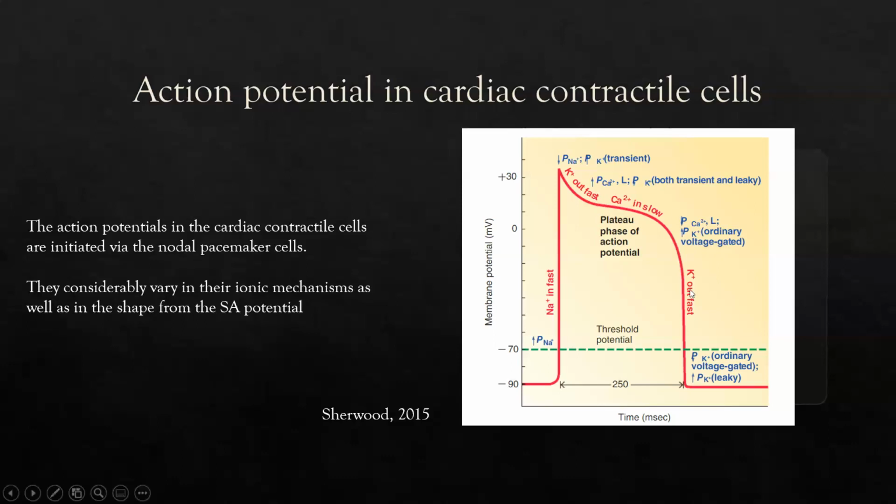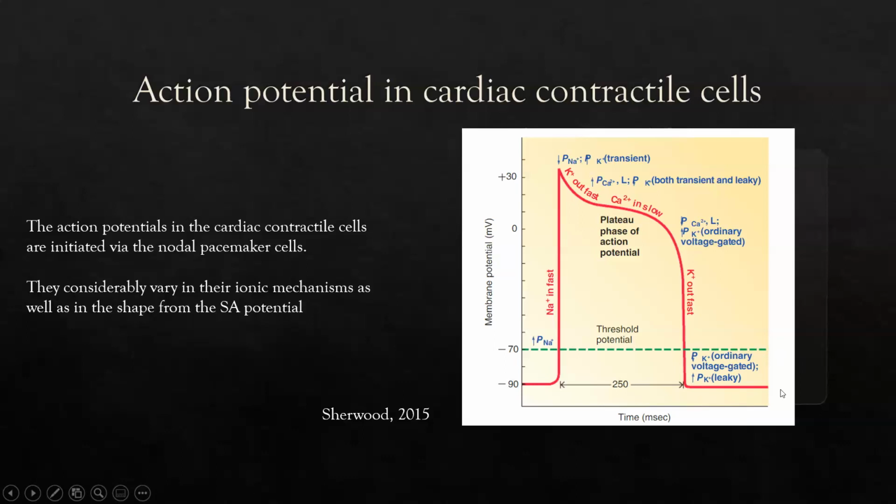Then we have this rapid falling phase, and you can see here potassium is leaving, so the efflux of potassium. The rapid falling phase is a result of the potassium efflux on opening of the ordinary voltage-gated potassium channels, as in other excitable cells. Resting potential is maintained by the opening of the leaky potassium channels. So that's what we see here as it goes back.